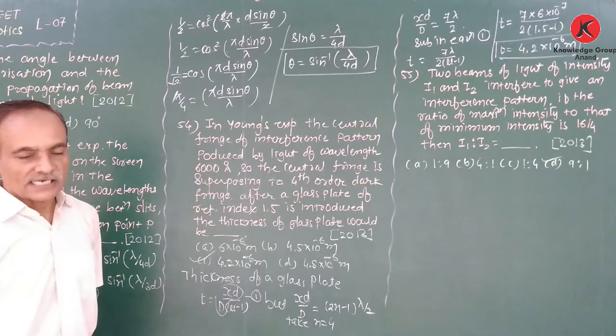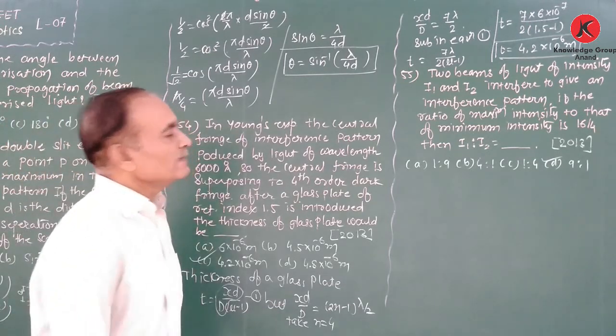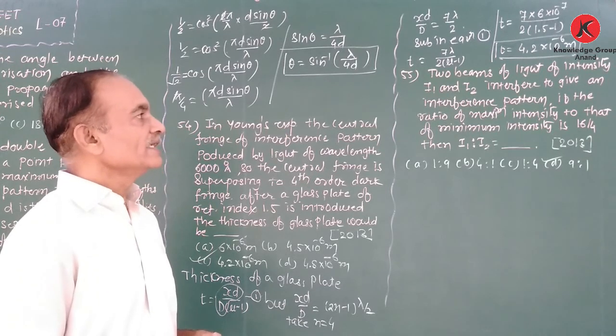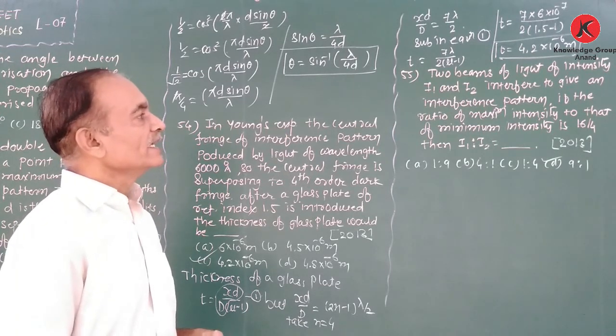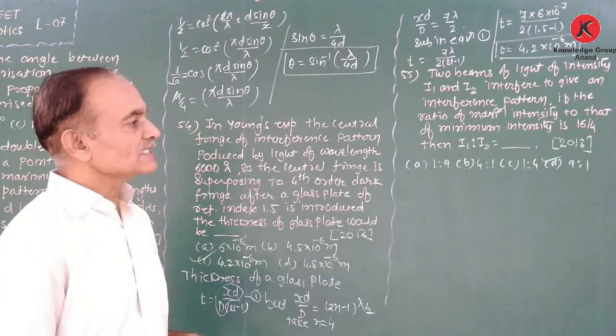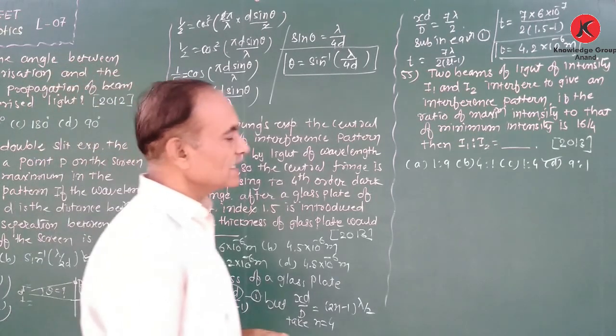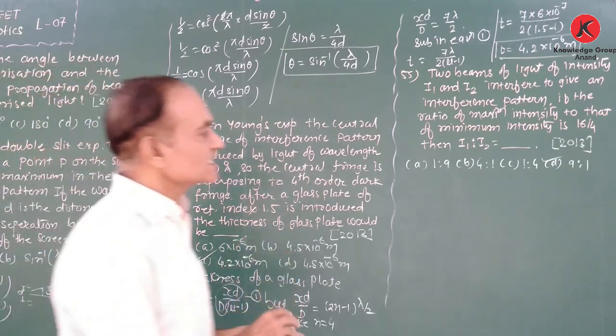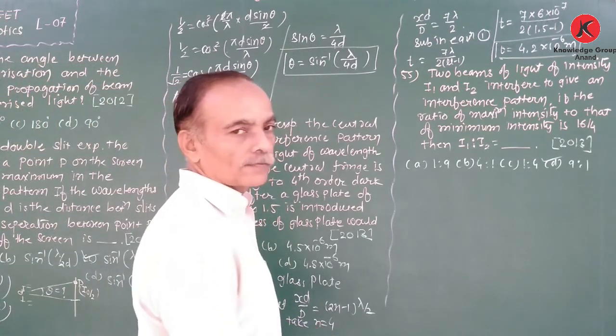Now next, also asked in 2013: two beams of light of intensity I1 and I2 interfere to give the interference pattern. If the ratio of maximum intensity to minimum intensity is 16 by 4, then what should be the intensity of these two waves?